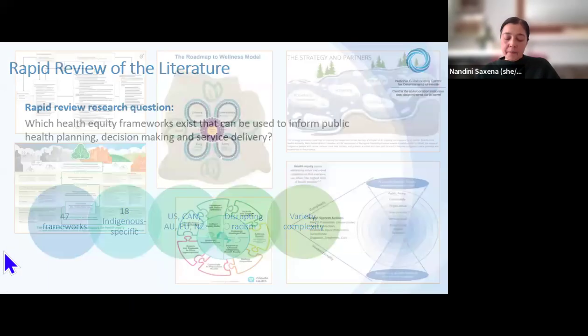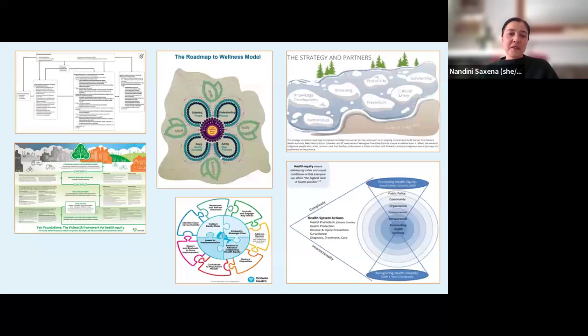Just to give you a sense as to some of the framework visuals, this slide just illustrates the range in how different frameworks are structured and visualized. And the visuals also indicate that some of the frameworks appear to emerge from different knowledge systems.